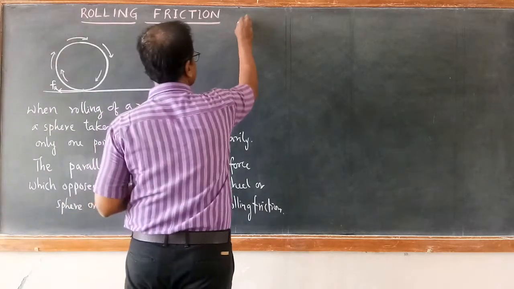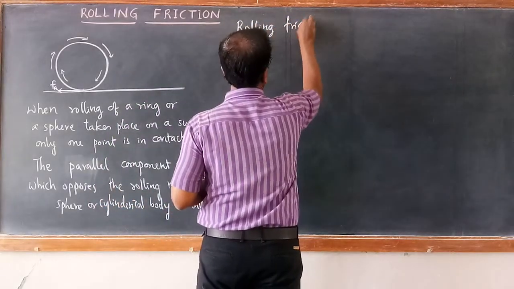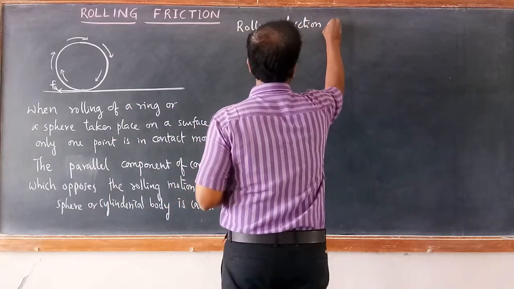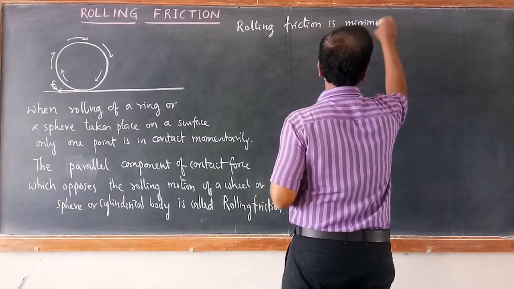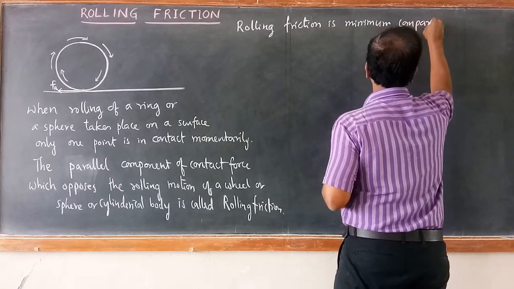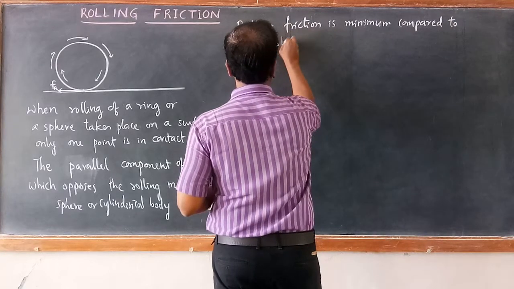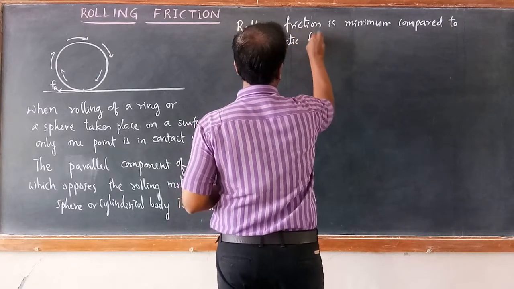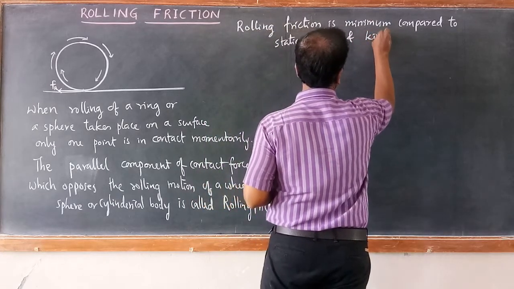So rolling friction is minimum compared to static friction and kinetic friction.